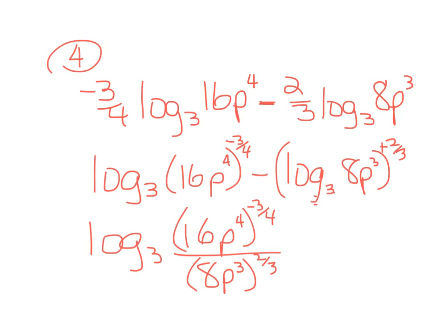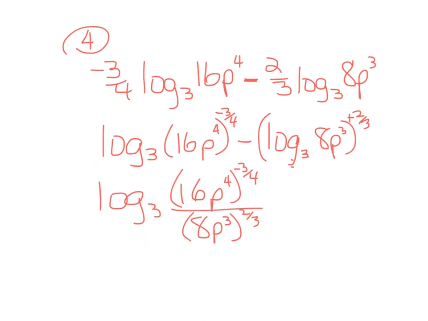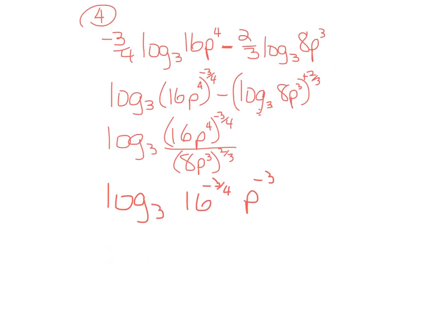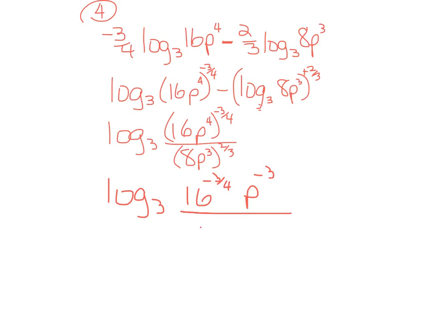Now I'm going to distribute this power to everything. So it'll become log base 3, and it'll be 16 to the negative 3/4. I'm going to multiply 4 times 3/4, and this will give me p to the negative 3. And then for the denominator, 8 to the 2/3 power, and then p squared. And now I need to simplify these things.